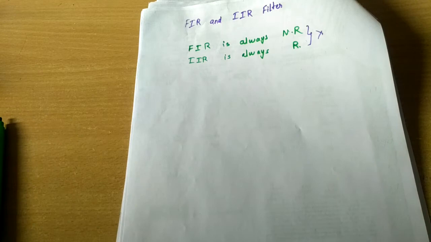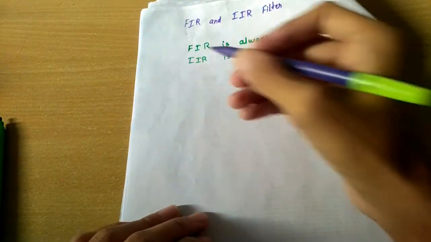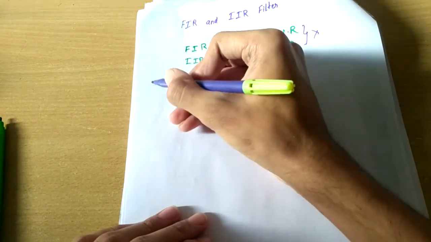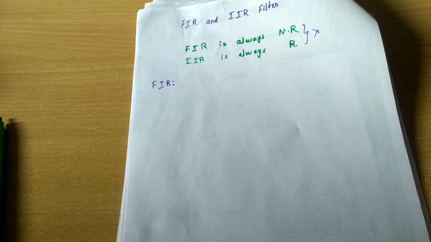Before moving to that, let me again brush up on what FIR and IIR are, very quickly. In simple terms, an FIR filter has an impulse response of finite duration, whereas IIR means infinite impulse response, so it has an impulse response of infinite length.